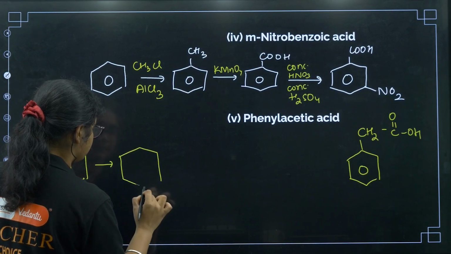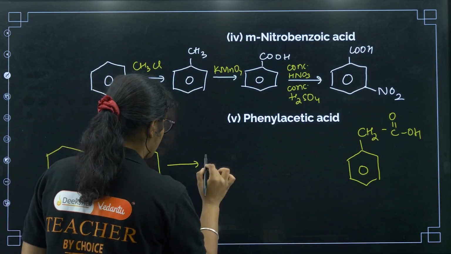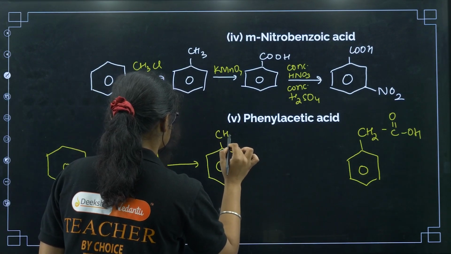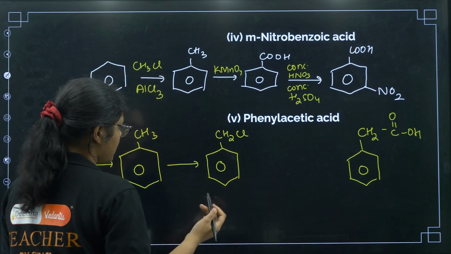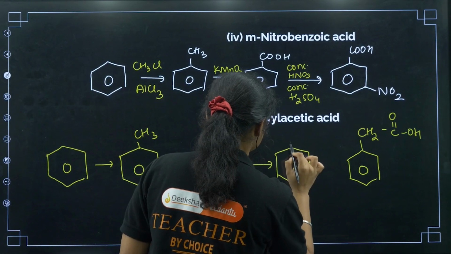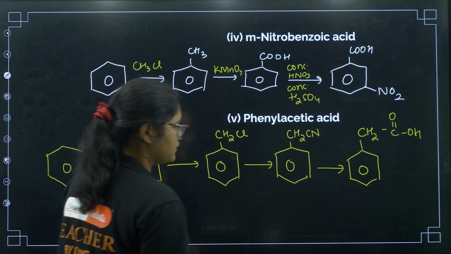I'm just writing the steps how I'm thinking this one. CH3 I'll introduce, then I'll make it CH2Cl, then I will make it CH2CN, and then I can get this one, right.